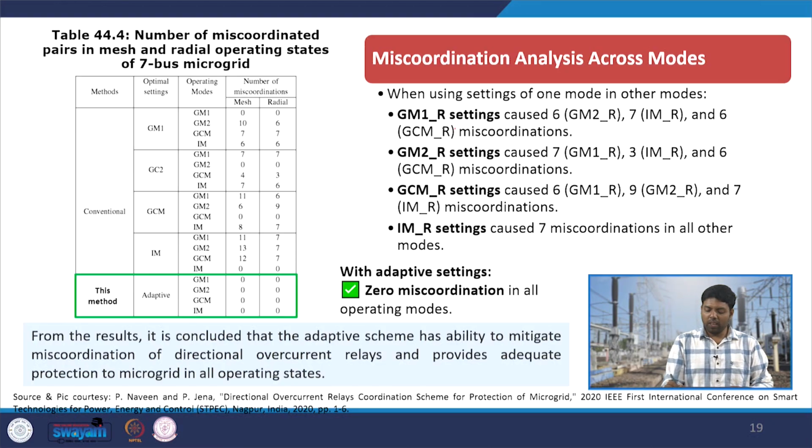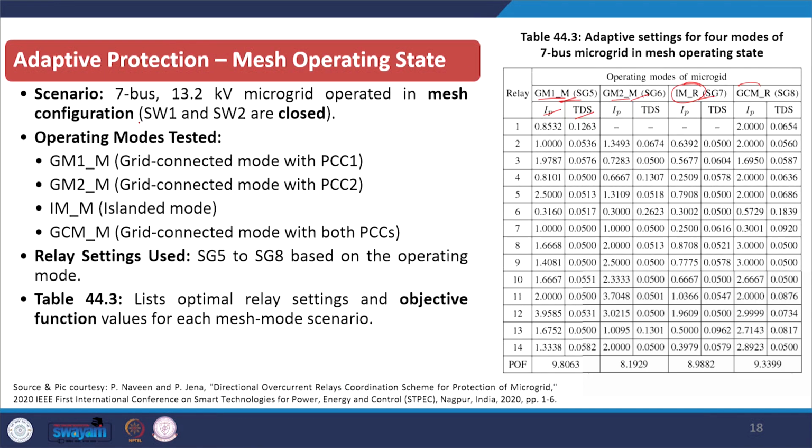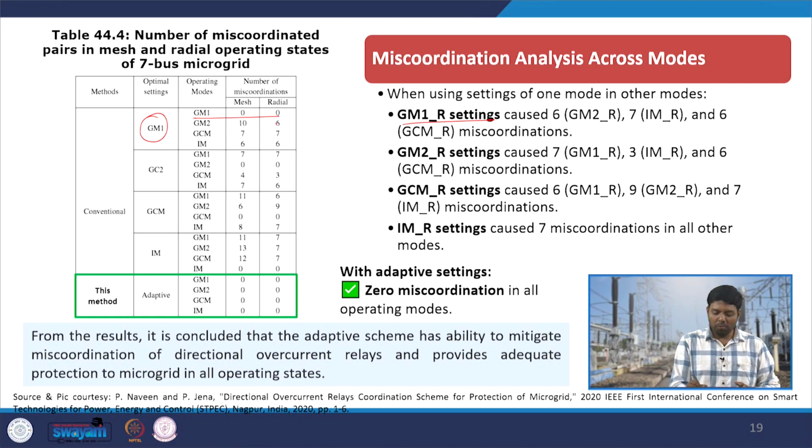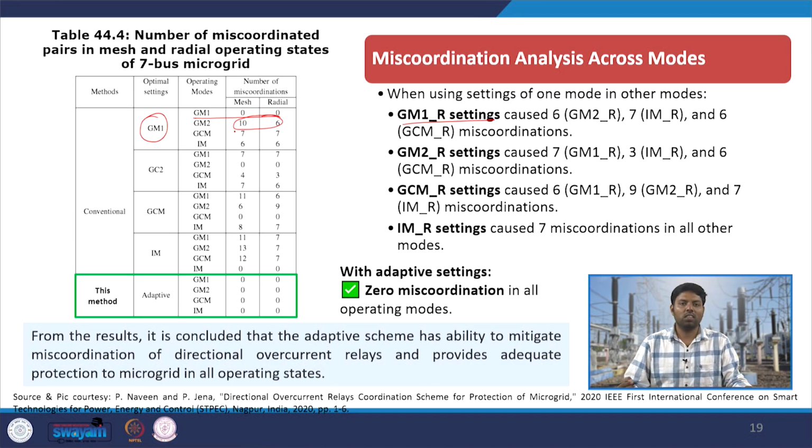If you go with a fixed setting, let us say you go only with the GM1 setting. What is that GM1? GM1 is the grid connected mode only with your PCC1. If you only go with this setting, that you do not change your setting depending upon the situation, you can see obviously GM1 has no miscoordination, but for GM2 you will see 10 miscoordinations for mesh condition and 6 miscoordinations for radial.